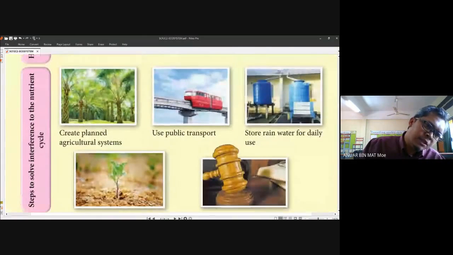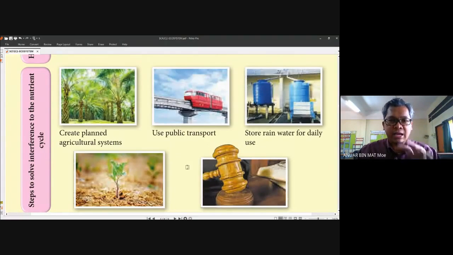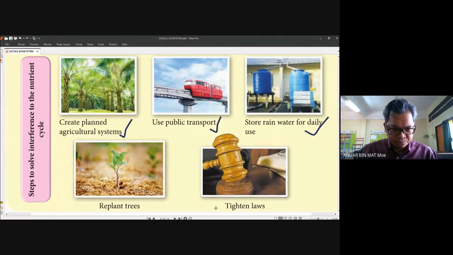Okay, so what are the steps to solve the interference in the nutrient cycle? These are the several steps you need to remember. Number one, we create plant agriculture, use public transport. Number three, store rainwater for daily use, replant trees, and tighten the laws.